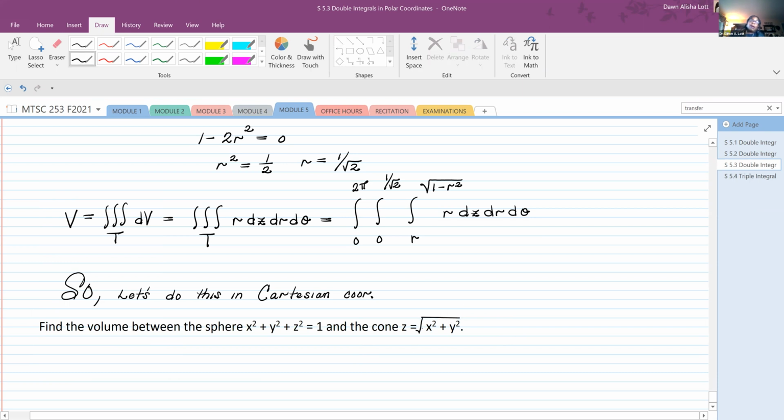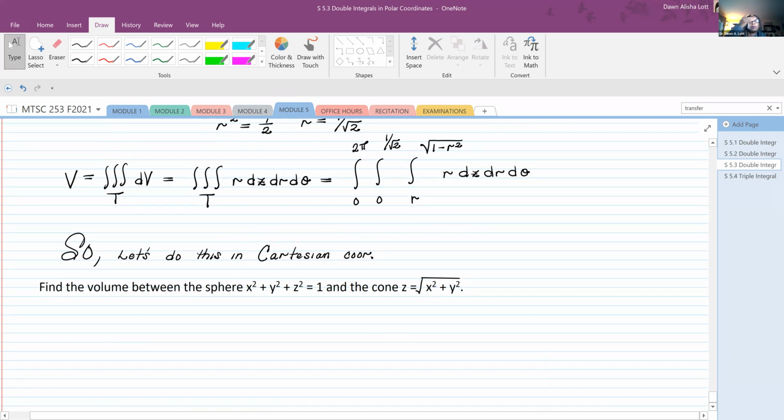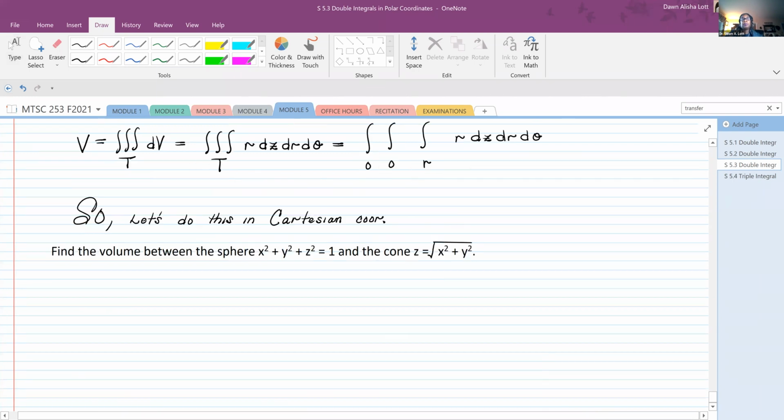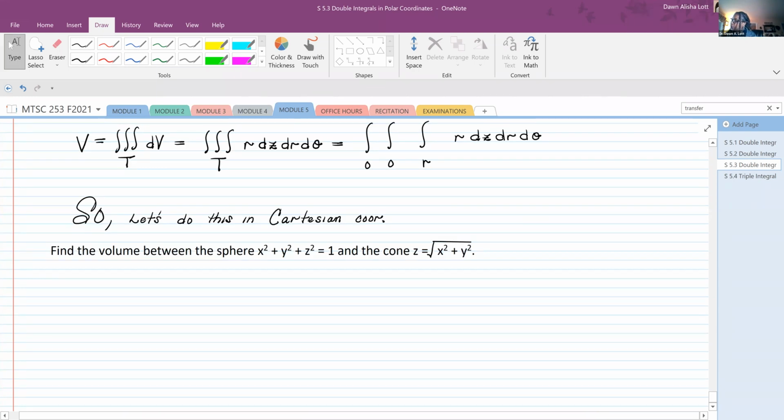Okay, so in Cartesian coordinates, it's even easier to set up the integral because z is still going to start at the cone and go to the sphere.